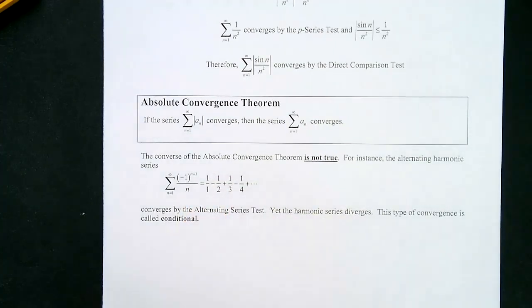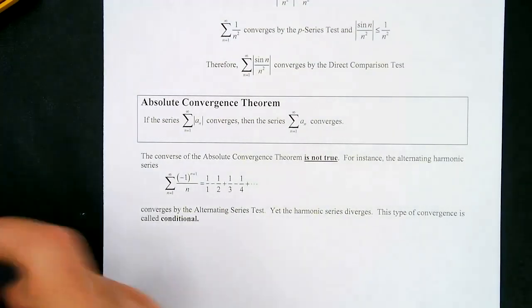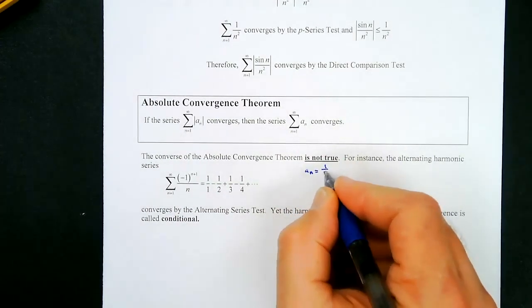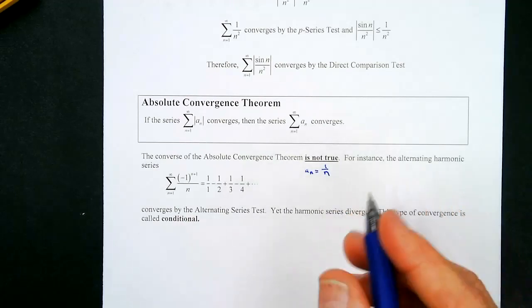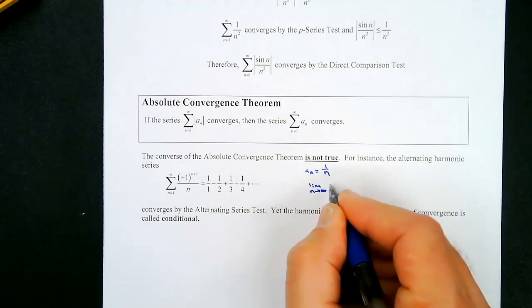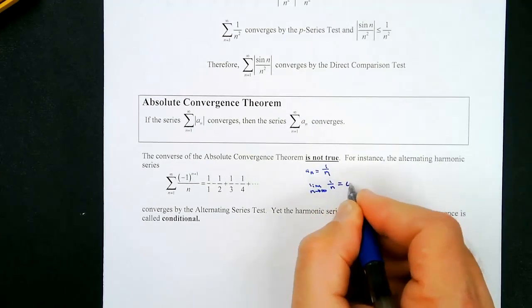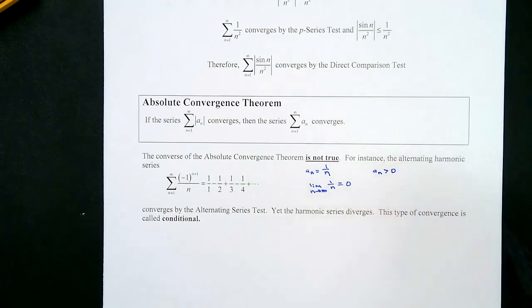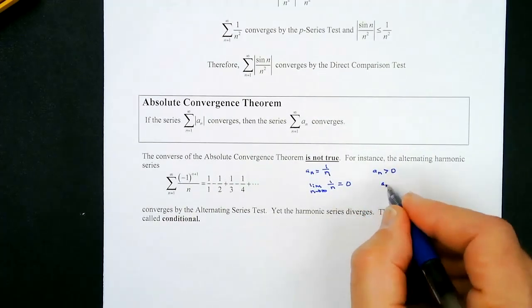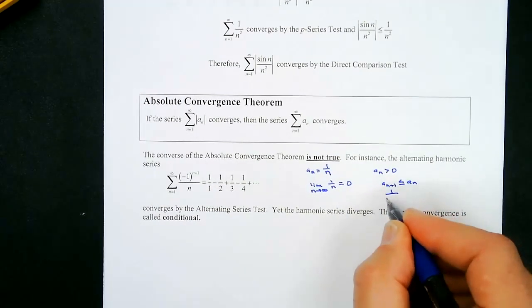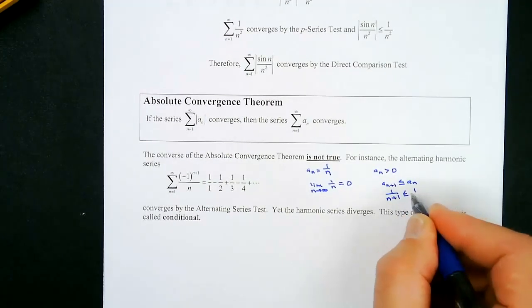Turns out that this one converges by the alternating series test. We could prove that and go through it, okay? Because b sub n would equal 1 over n, and we would know that the limit as n goes to infinity of 1 over n is equal to 0. We know that b sub n is greater than 0, and we would also know that b sub n+1 is less than or equal to b sub n, which is 1 over n+1 less than or equal to 1 over n, right?